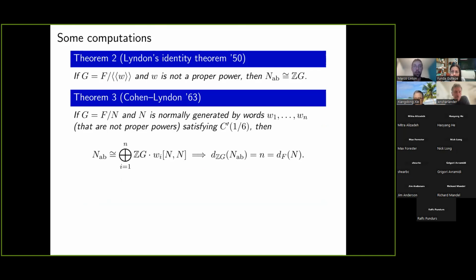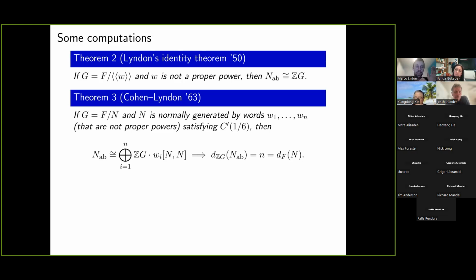That answered a question of Linton, I think, not from this paper, but from another related paper. Essentially the proof of this theorem and Arenas' theorem is proving that the normal subgroup N has this Cohen-Lyndon property, which comes from the paper of Cohen and Lyndon.